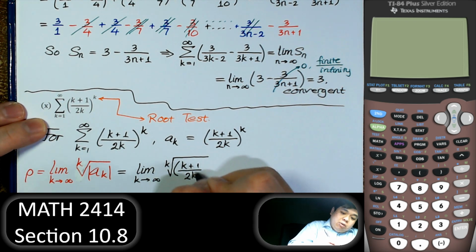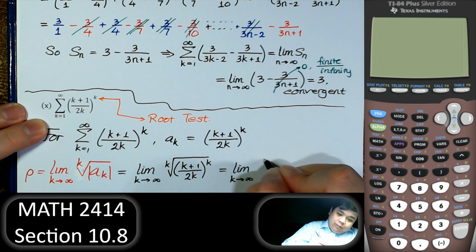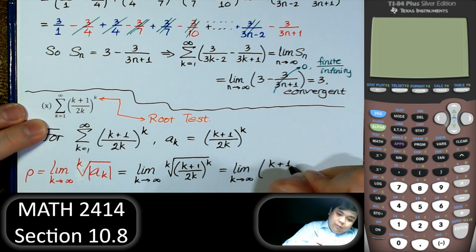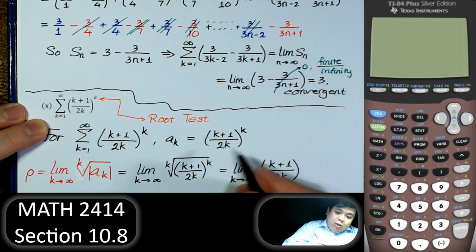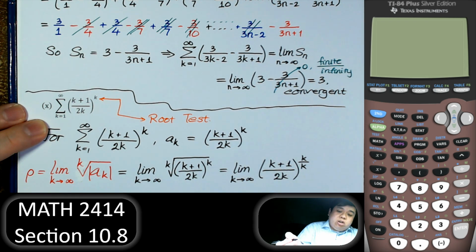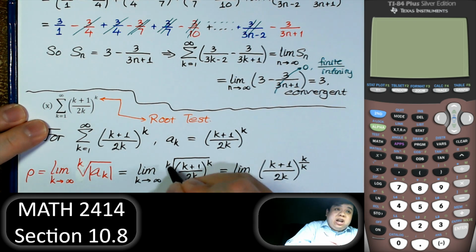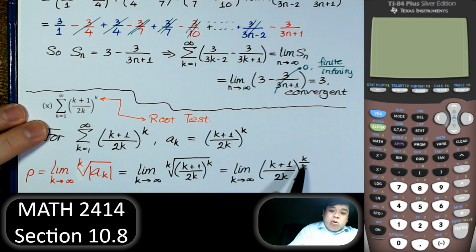So certainly k plus 1 over 2k is positive. So just divide them. Power on top, index of the radical at the bottom, right? So if we have 2k here, then we have 2k over k, which is fine. So that's why I write it like this.